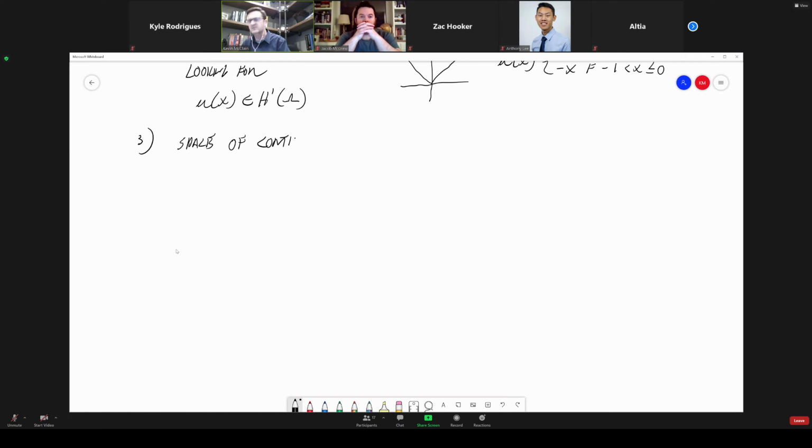Oh, sorry, the space of continuously differentiable functions. This is C^k within omega.